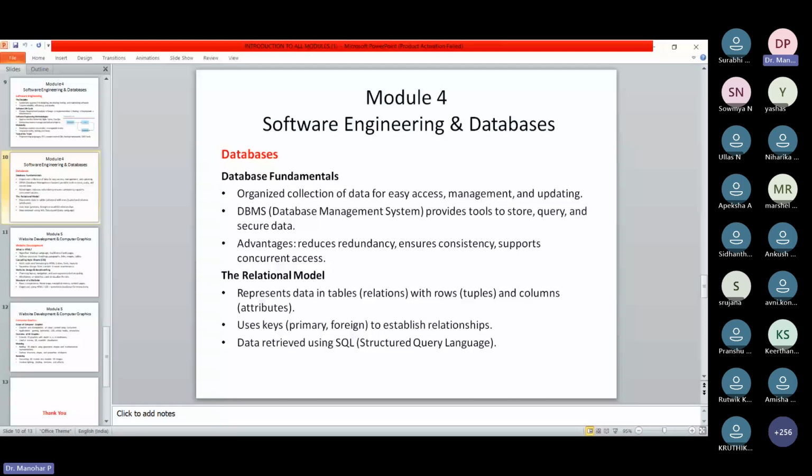So how can we develop websites? What is HTML? What is the difference between CSS, which is cascading style sheets, and HTML?